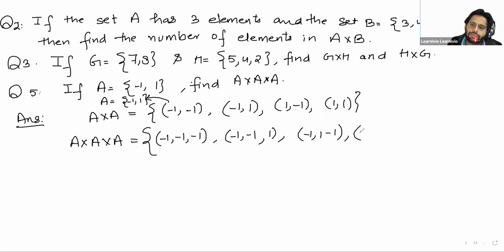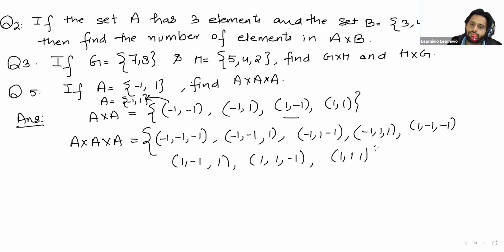Next, (-1, 1) and 1. Next, select this 1, -1, and so on. Okay, so 1, 2, 3, 4, 5, 6, 7, 8. So 2 into 2, 4, 2, 8.